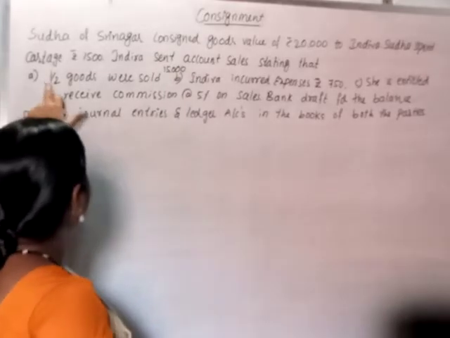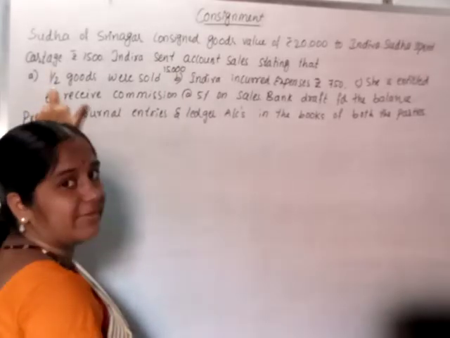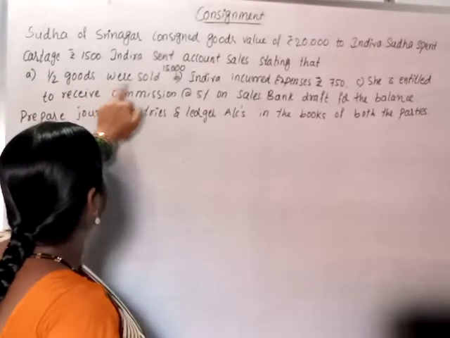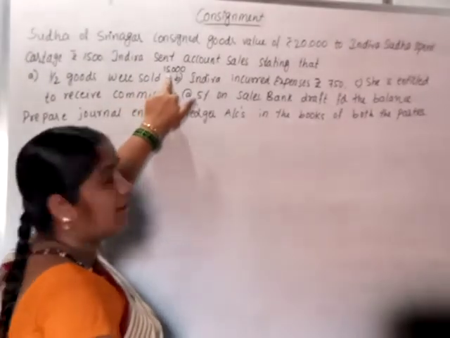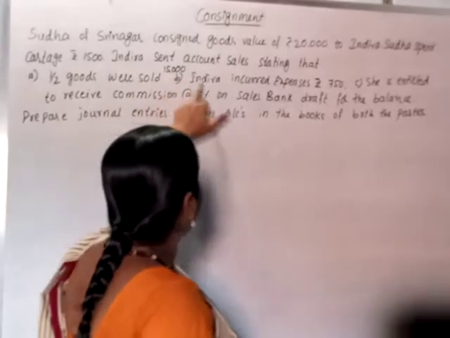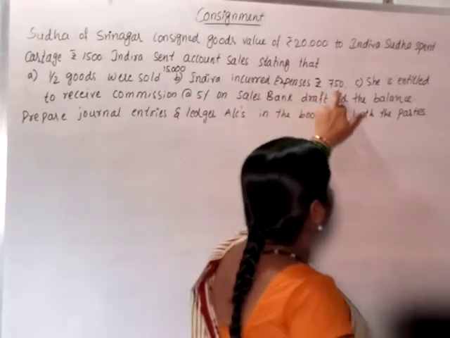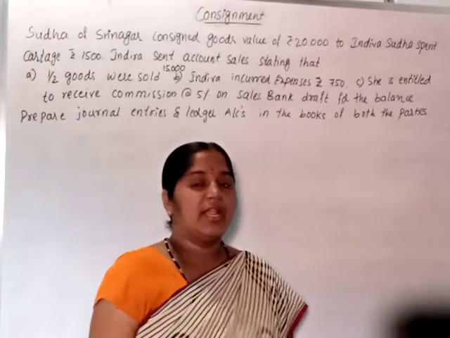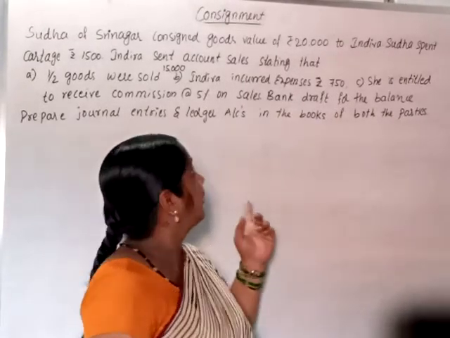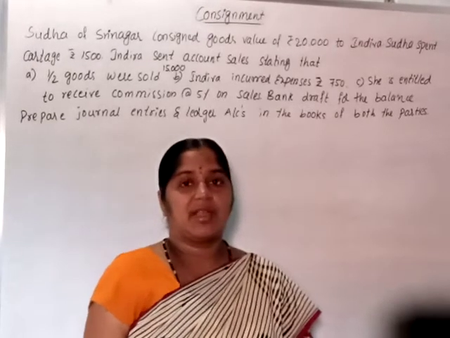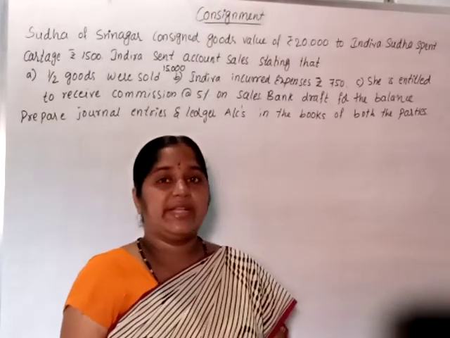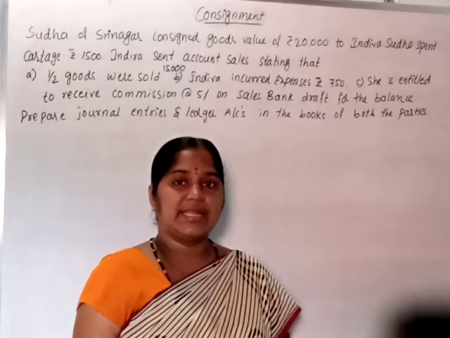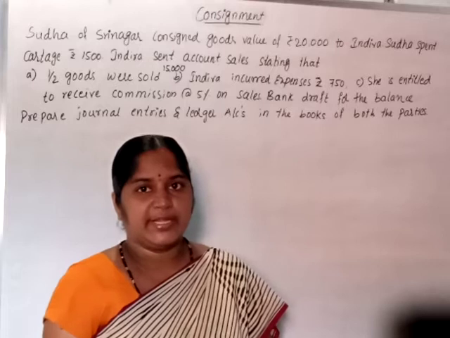1/2 means half of the goods were sold, at the rate of 15,000 rupees. And Indira incurred expenses of 750. Observe, Indira is the consignee only, and she paid 750 rupees as expenditure. But what type of expenditure is not mentioned at all. In that case you treat it as a recurring expenditure.